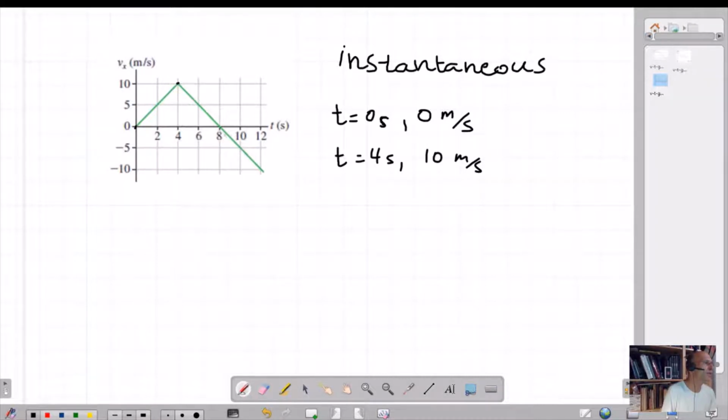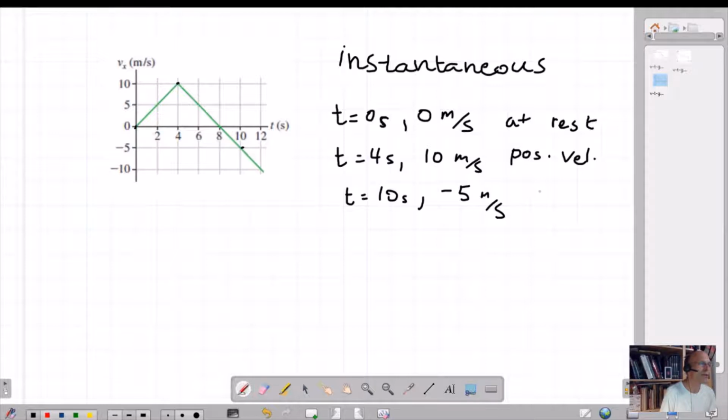And then if I go to t equals 10 seconds, at that moment the graph shows that the object is moving at -5 meters a second. So at rest is how we'd interpret 0 meters a second, not moving. Positive velocity at 4 seconds, and negative velocity.